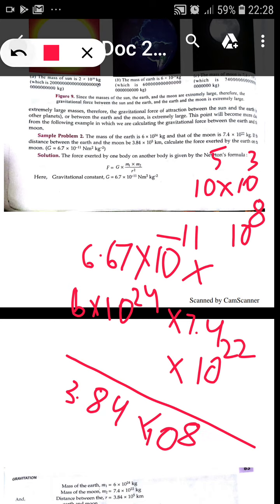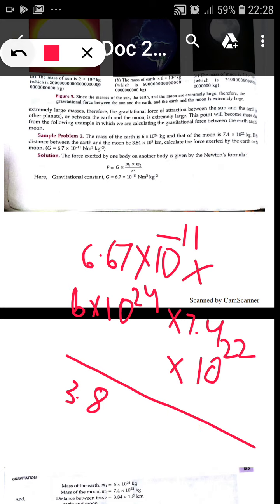Okay, so how will you solve it? First of all, open the bracket, that is the whole square, so that you multiply the number twice by itself, and just clear the values of 10, that is you will solve the powers of 10 first, then you will solve the numerical values. That is 6.7 was the value of the gravitational constant.